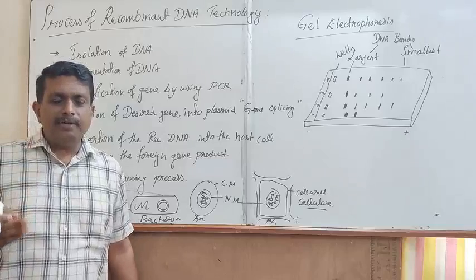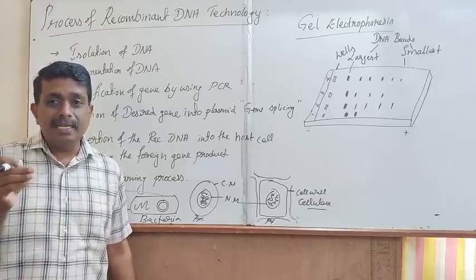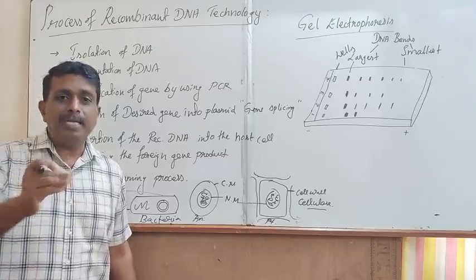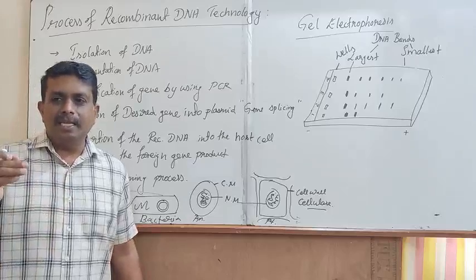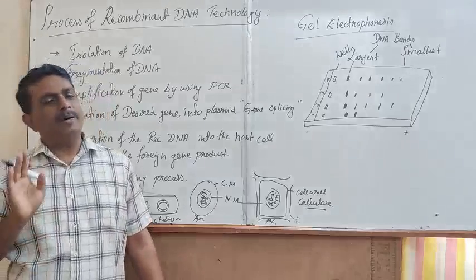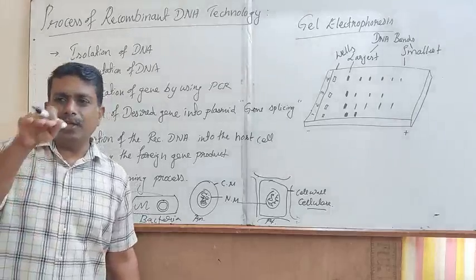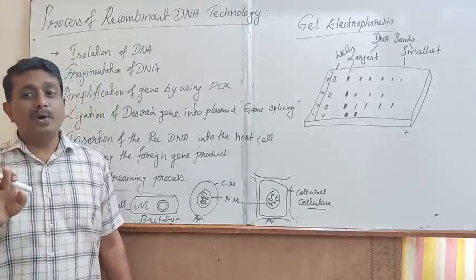The obtained fragmented DNA or the obtained fragmented gene is inserted into the plasmid for cloning.